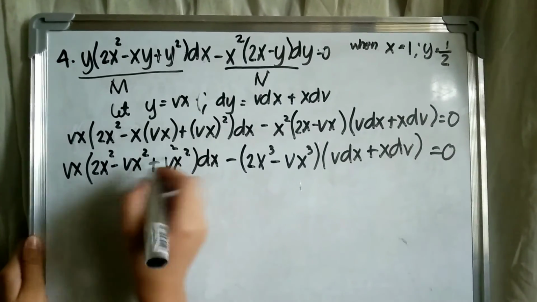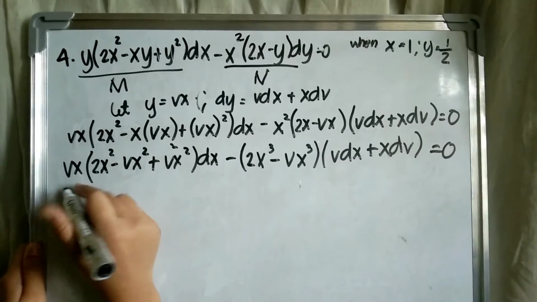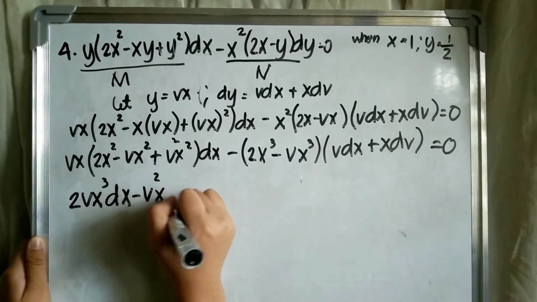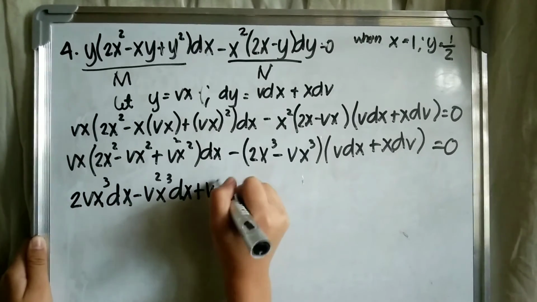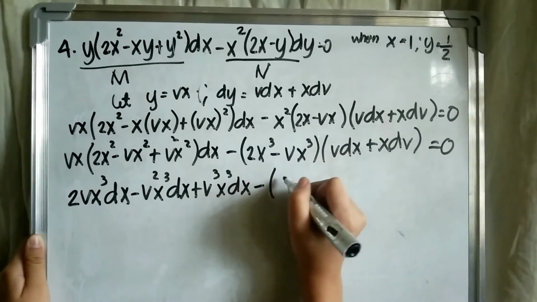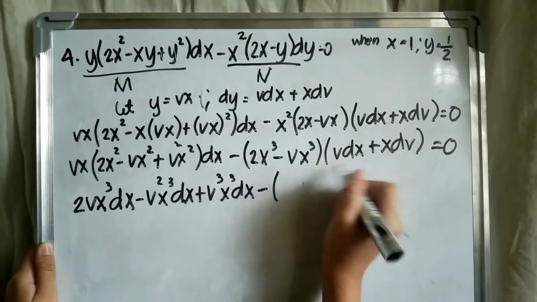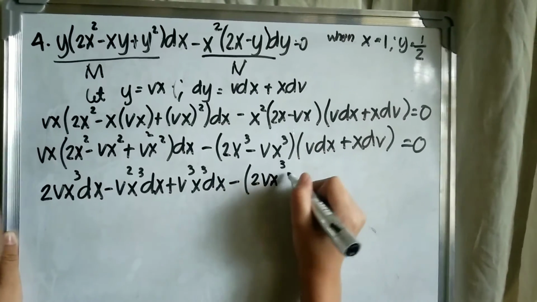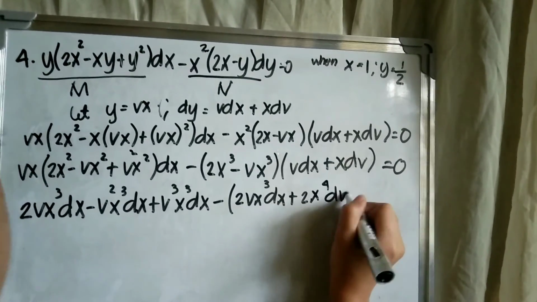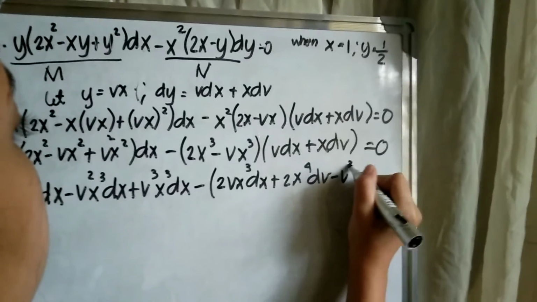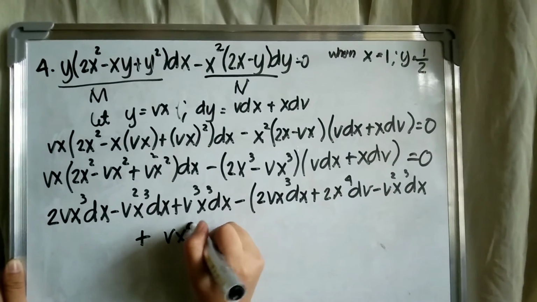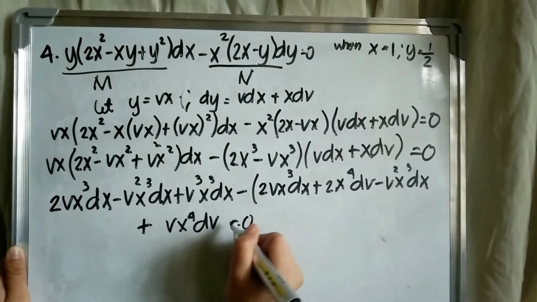So substitute this v of x to our inner term and dx. So this will become 2v x cubed dx minus v squared x cubed dx plus v cubed x cubed dx minus, so using the FOIL method, 2x cubed times v dx, this will become 2v x cubed dx. 2x cubed times x dv, this will become 2x fourth dv, then minus v squared x cubed dx plus v x fourth dv is equal to 0.